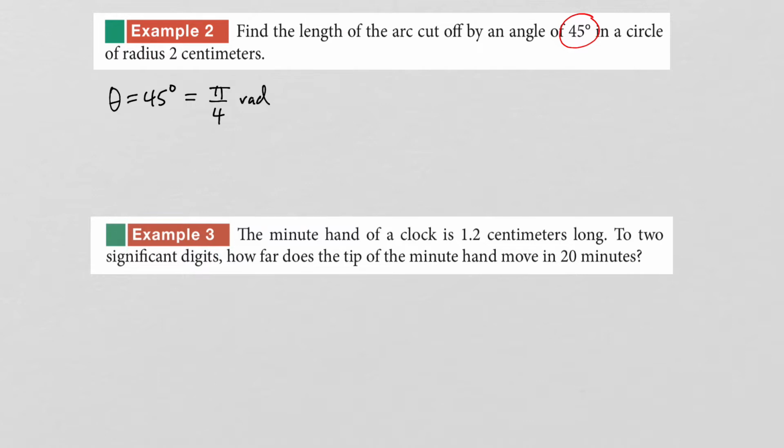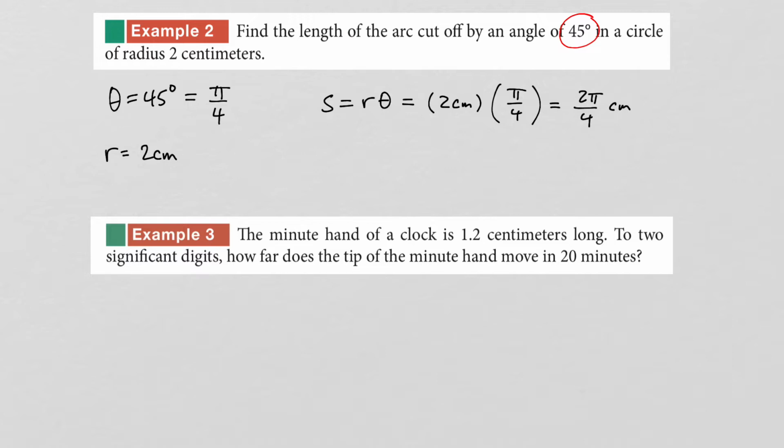And again, we don't have to write the RAD here. And we know that R is equal to 2 centimeters. So the arc length in this case, S, is equal to R theta. This is equal to 2 centimeters multiplied by pi over 4. And if you do the math on this, you get 2 pi over 4 centimeters. Reducing, this is equal to pi over 2 centimeters.